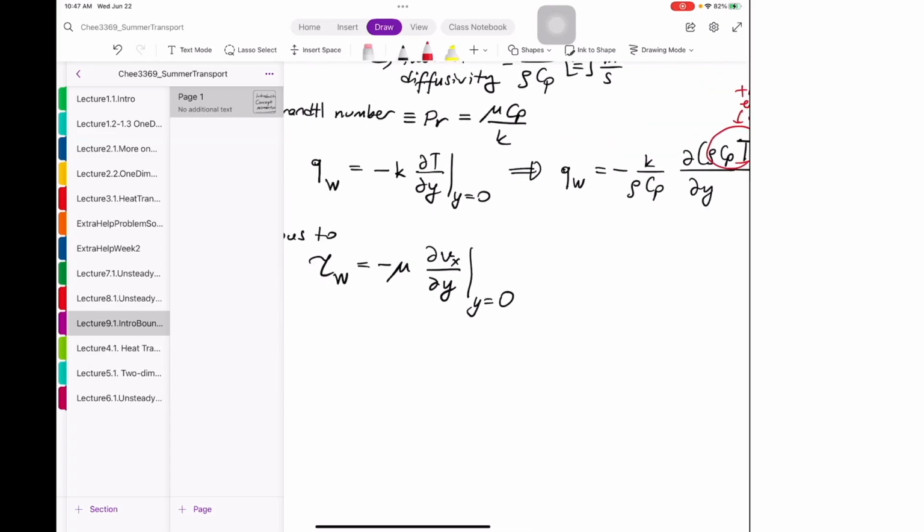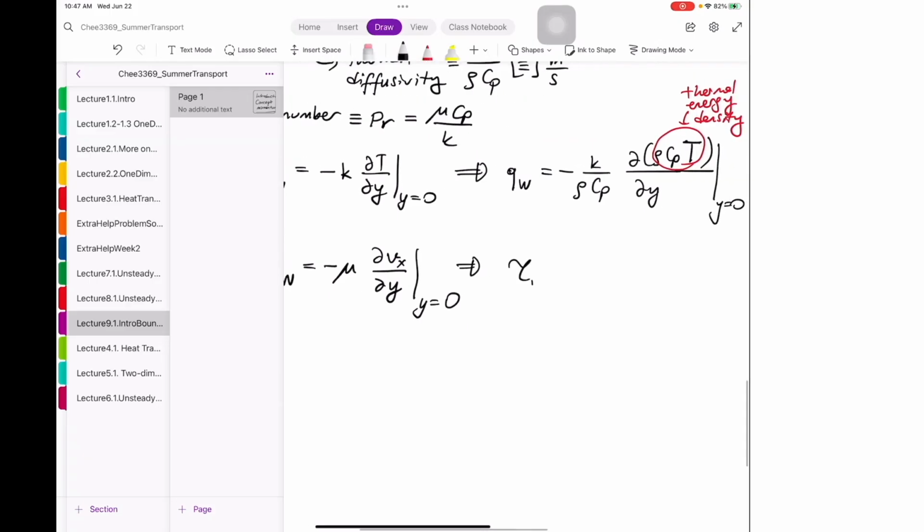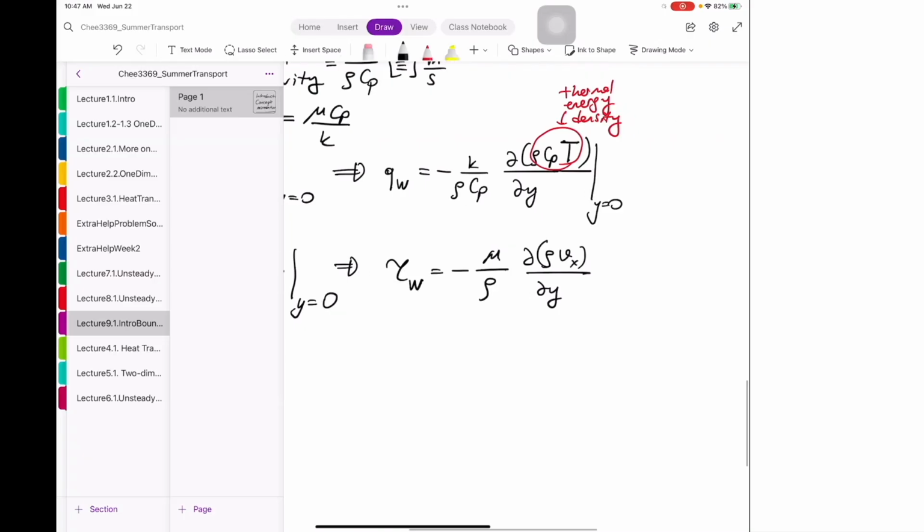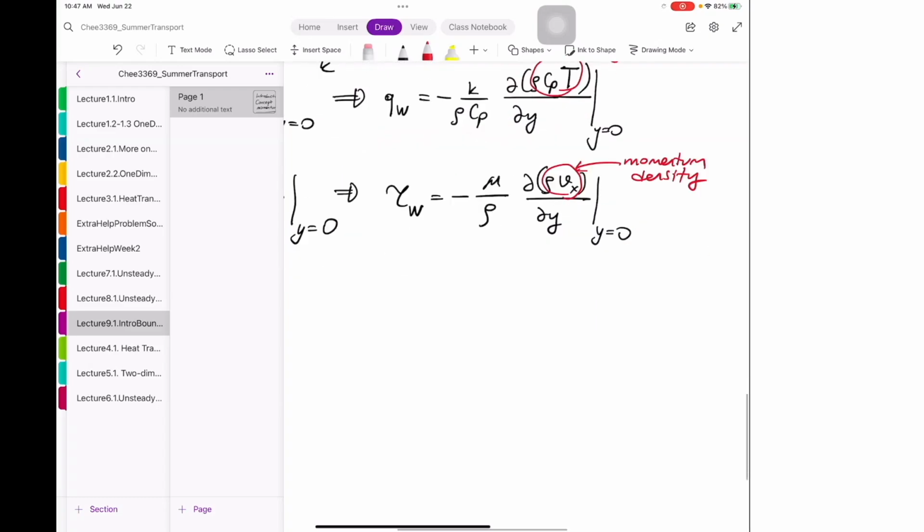Here, you can do the same trick. The flux tau wall is equal to minus mu divided by rho and multiply this by rho. And you see definitely that this is also another type of density, and it's called momentum density. Okay.